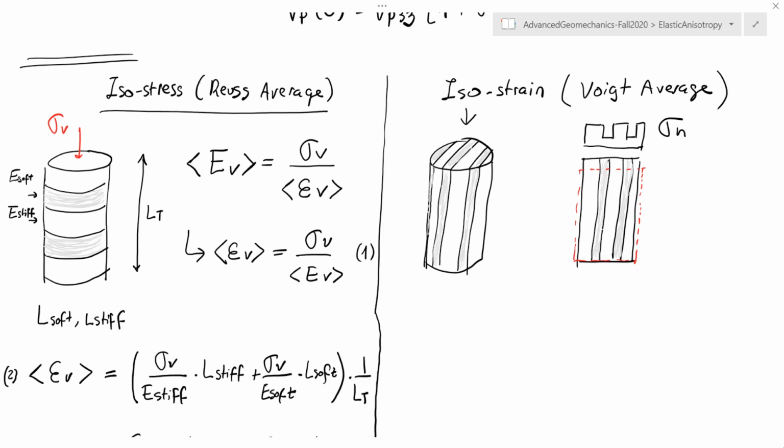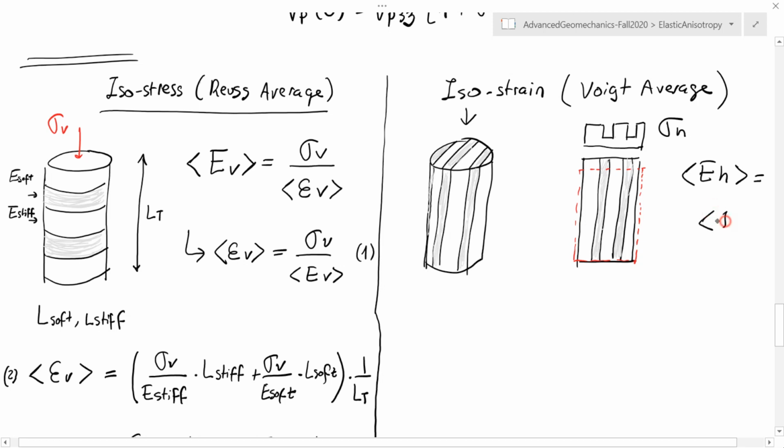Okay, then the definition is going to be similar to what we had before: the effective horizontal Young modulus is going to be the ratio of the effective horizontal stress divided by the horizontal strain, which now is going to be the same in all layers.